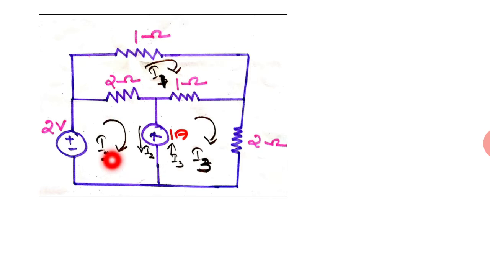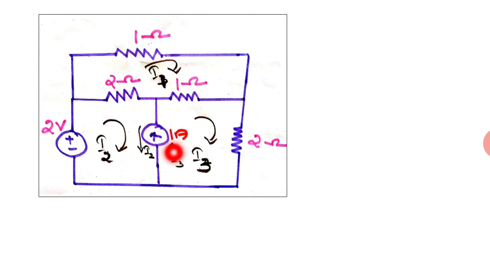Coming to mesh analysis, here we can see that there is a current source common to both meshes. So we take the super mesh concept when there is a common current source for two meshes. This is a current source with 1 ampere current.